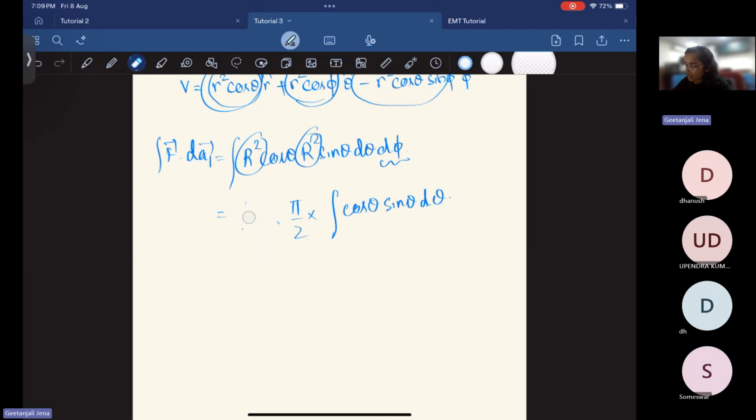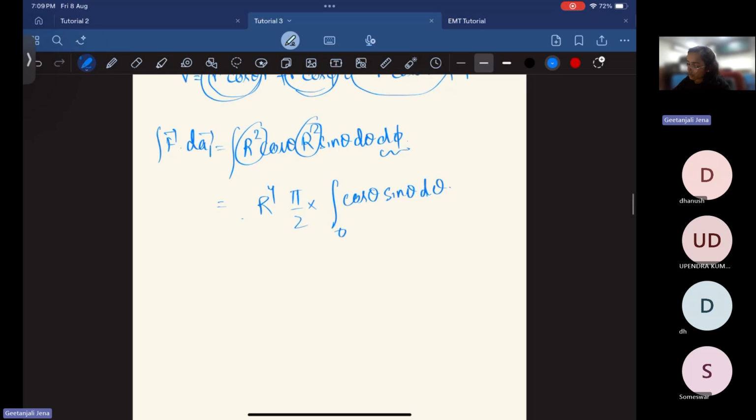Sorry, r square is constant, right? So there is no integration on r. So this is r to the 4, 0 to pi by 2, which will give pi r to the 4 by 4. So this is for the first surface.